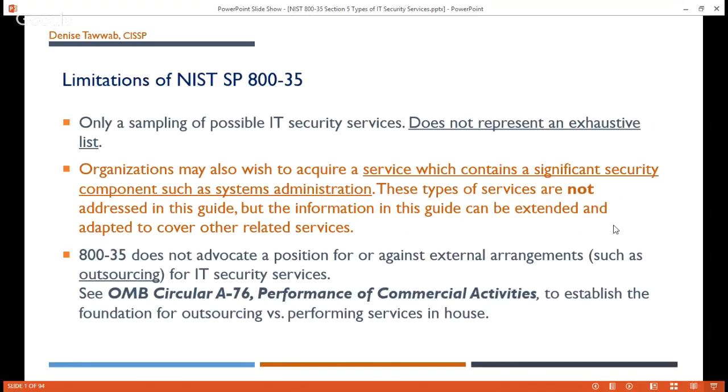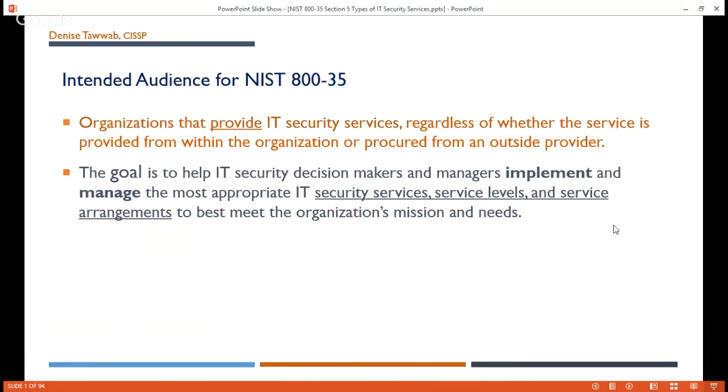That's the other thing that happens in this publication. You can look at OMB Circular A-76 that talks about performance of commercial activities to begin to have the conversation around whether you're going to outsource or not. But 835 does not make any judgments about which way is best. We leave that totally up to you.